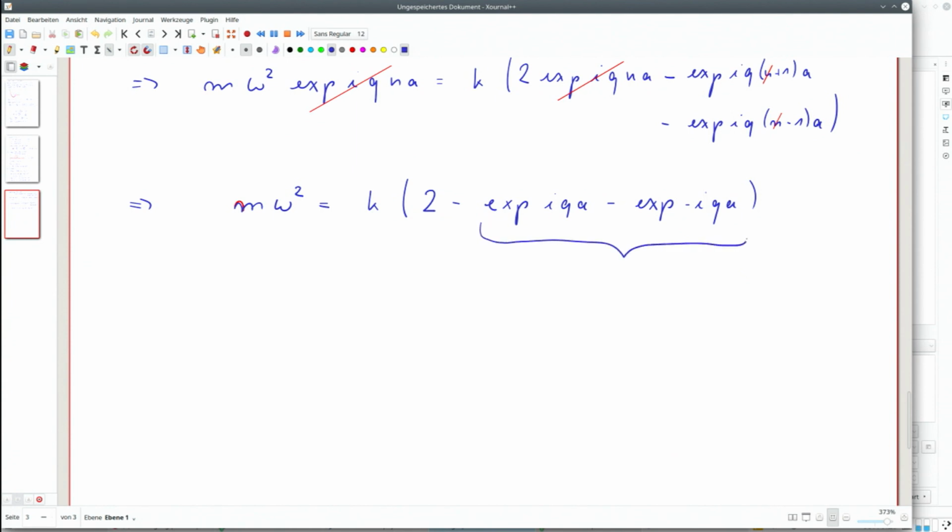And do you know what this difference, no, sum of, maybe I should write it this way here, sum of these complex exponentials gives, what is it? Cos two times.